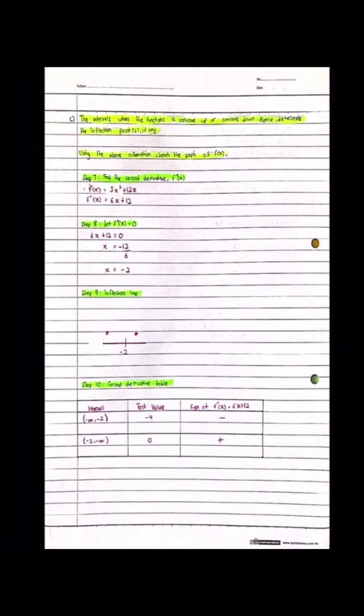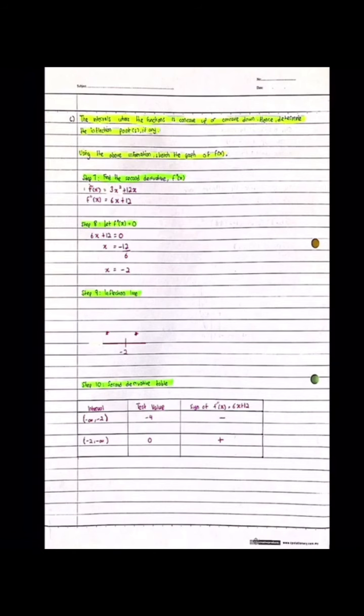And for step 9, we get the inflection line from step 8, that is negative 2. To ensure more accurate values, we draw the table. So for step 10, we make the second derivative table.